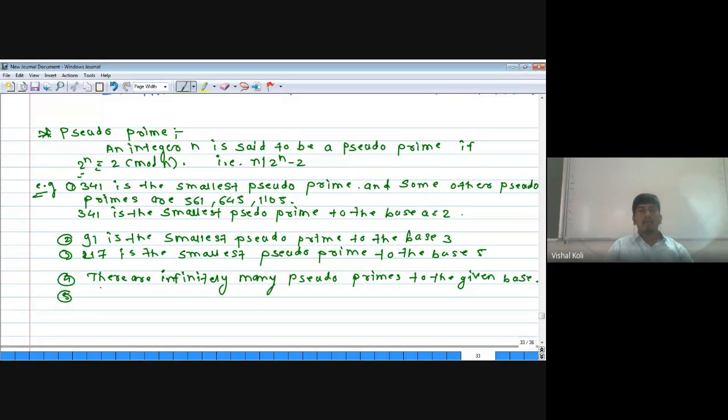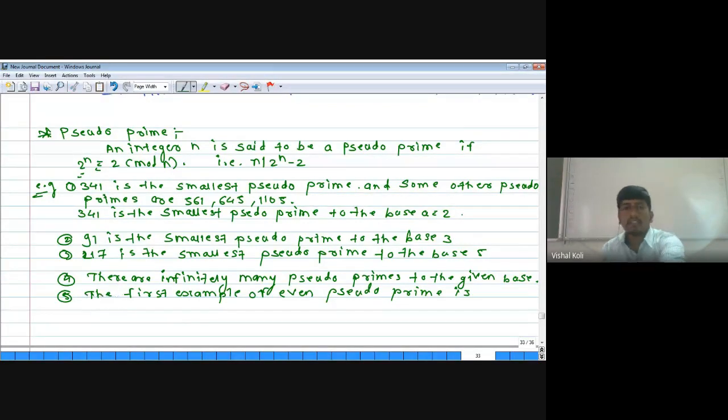Now the first example of an even pseudo prime is 161038, and it was found in 1950.